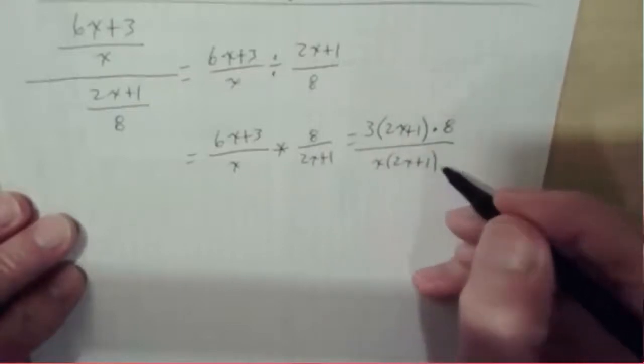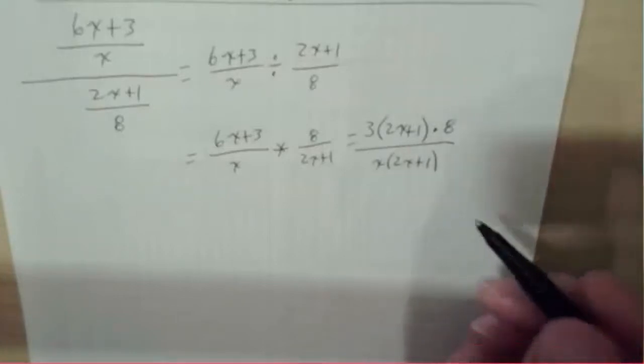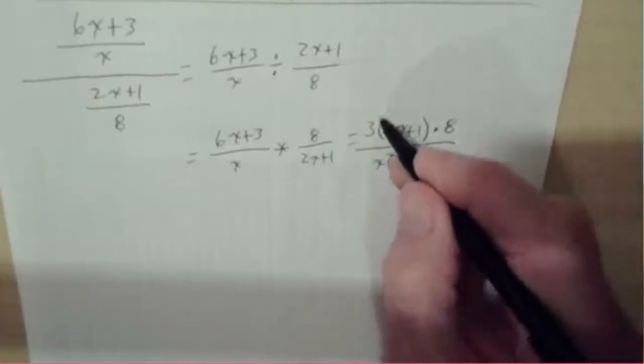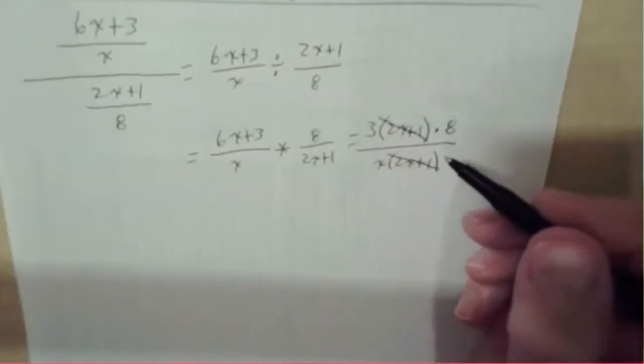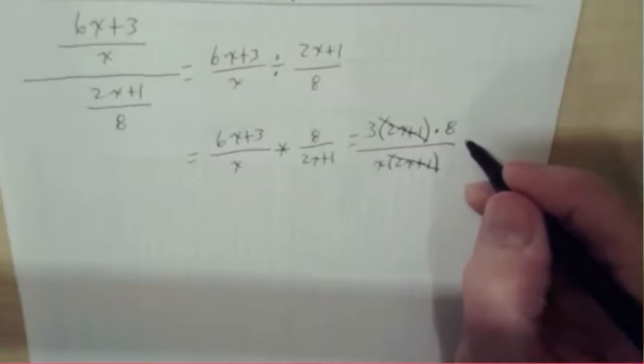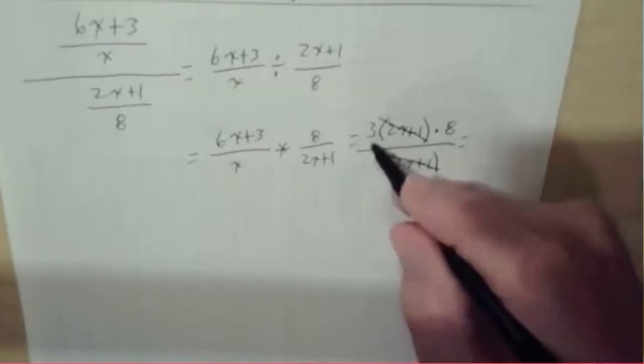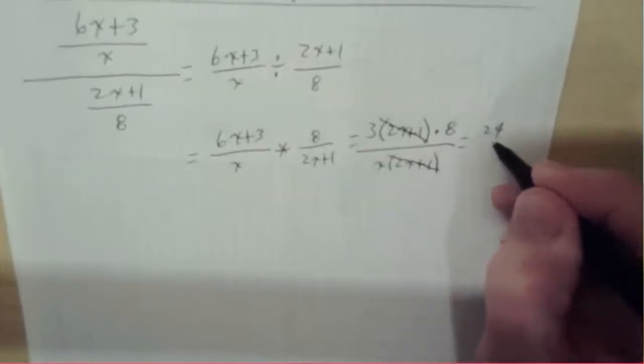Now what can we do here? We can cancel the 2x plus 1, 2x plus 1, so we get 3 times 8 is 24 over x.